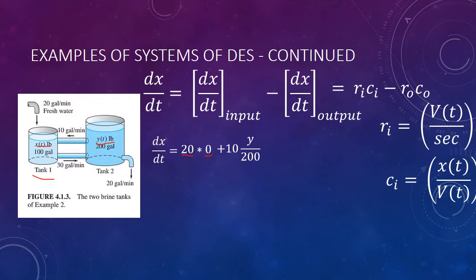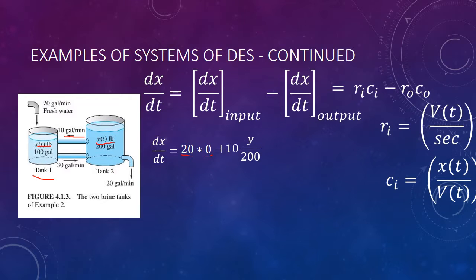And then I also have coming in 10 gallons per minute of water from tank 2, and it has a concentration of the amount of pounds in tank 2 divided by 200 gallons, the amount that tank holds.